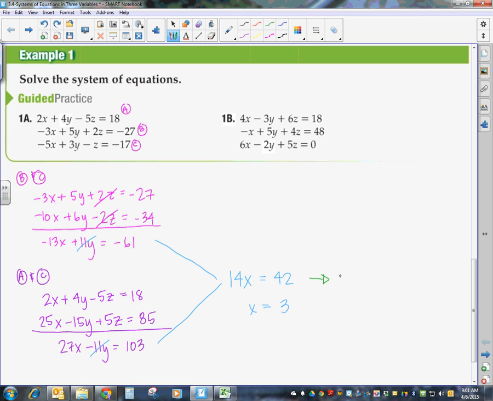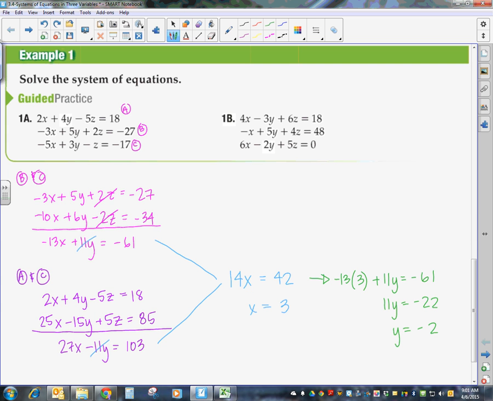So negative 13 times 3 plus 11y equals negative 61. That's negative 39. So negative 61 plus 39 means that 11y equals negative 22. That, of course, tells me that y equals negative 2.